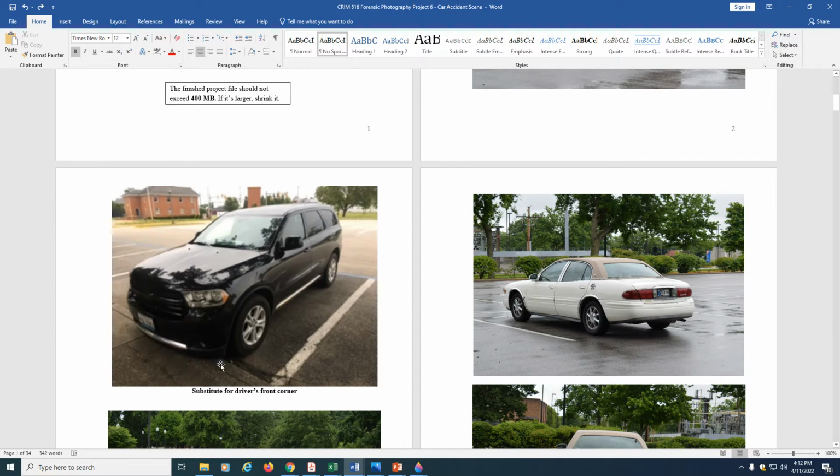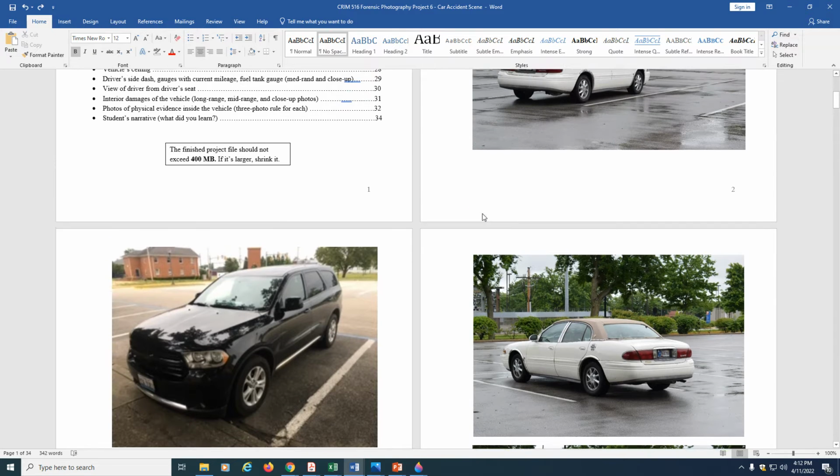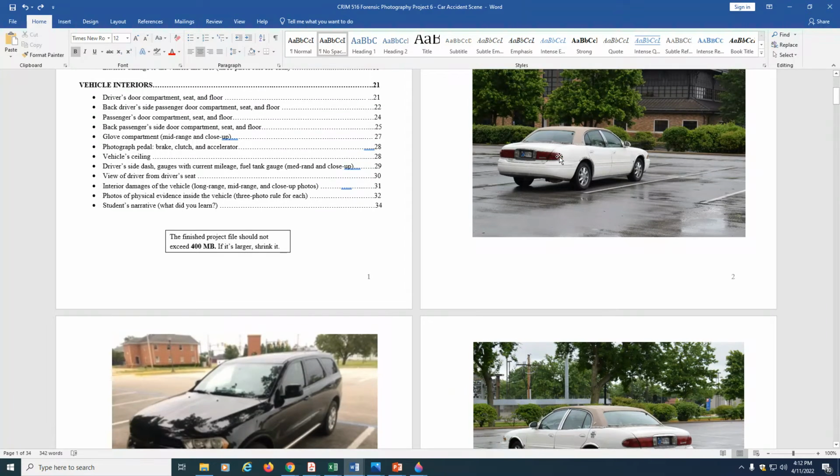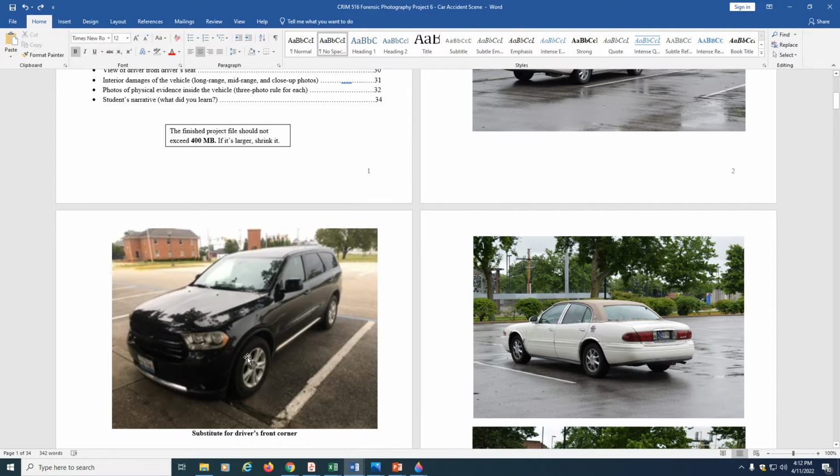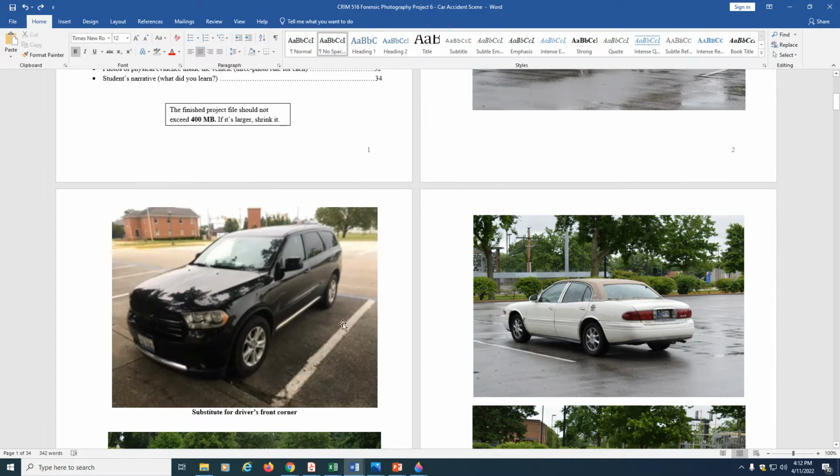Just make sure, just like you have here on this caption, to point out what the picture is and what it substitutes for, okay? So even though this is the vehicle of interest, some changes took place, and we had to substitute this one in as one of our photographs, okay?